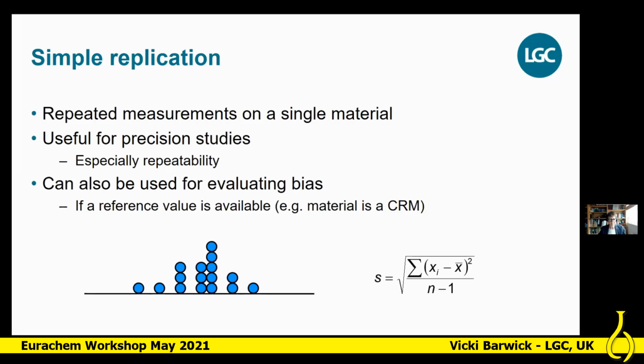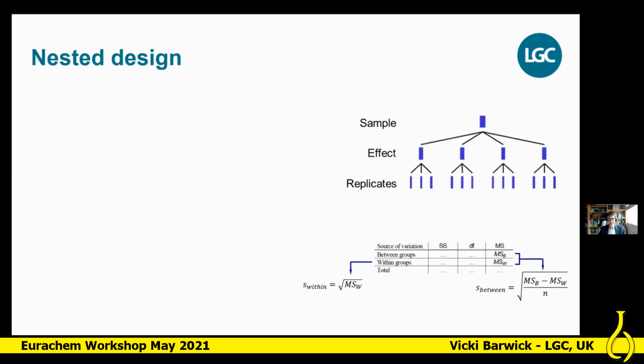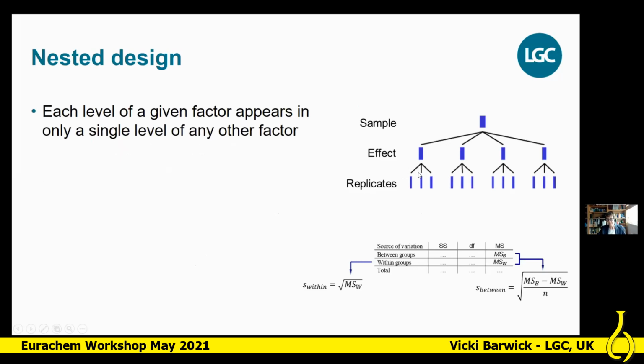Another fairly common design that might be used in a validation study is what's referred to as a nested design. And this is where we have groups of results that are nested below a particular effect.